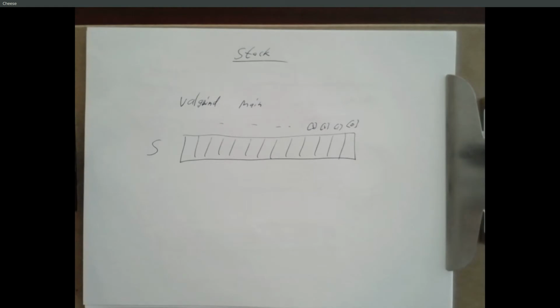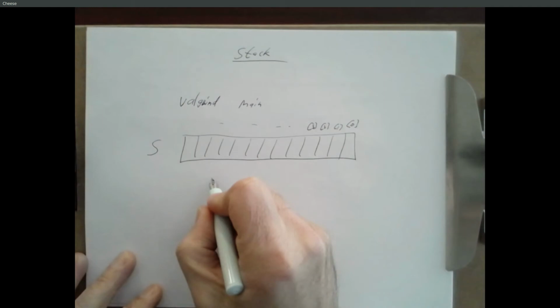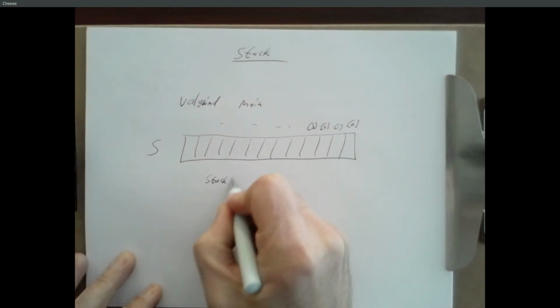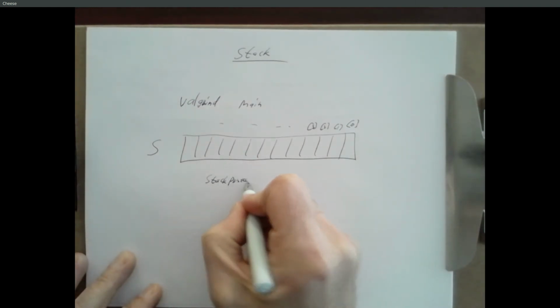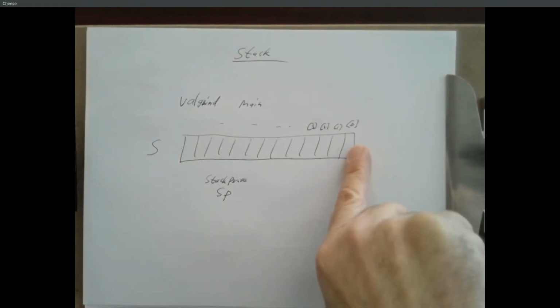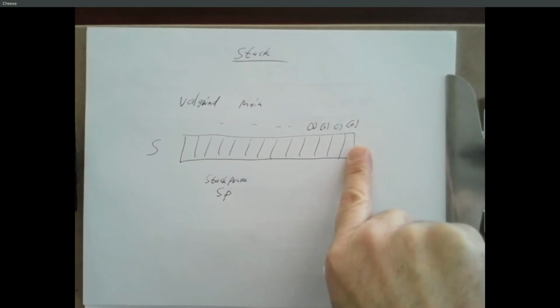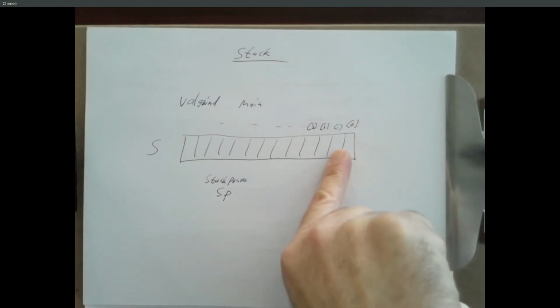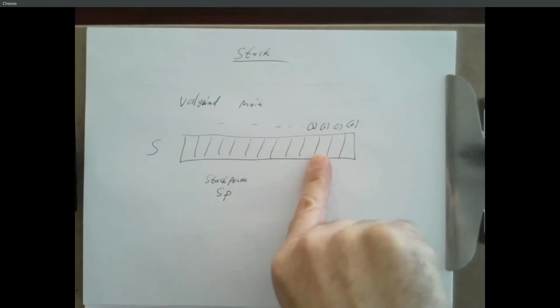Instead, we have something called a stack pointer, SP. We're never going to move things in this array as we push and pop. Instead, we put the first thing we push into location 0, the next thing into location 1, the next thing into location 2, and the next thing into location 3.